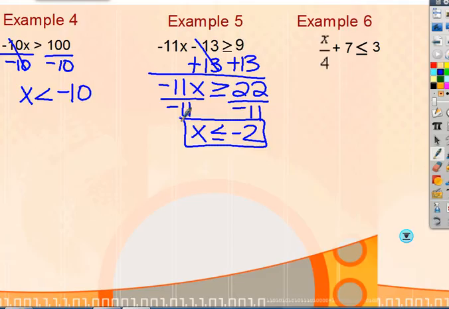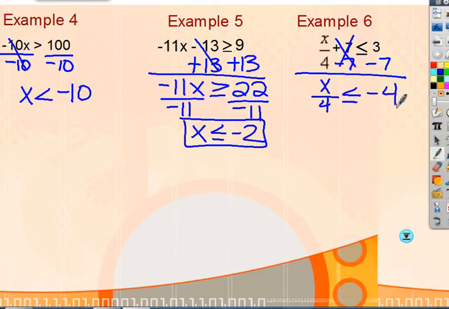Example 6. I subtracted 7 from both sides, and now I will multiply both sides by 4. In this example, I divided by a positive, therefore my inequality symbol stayed the same.